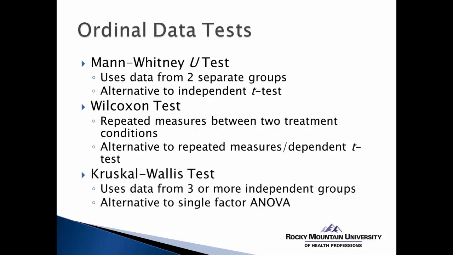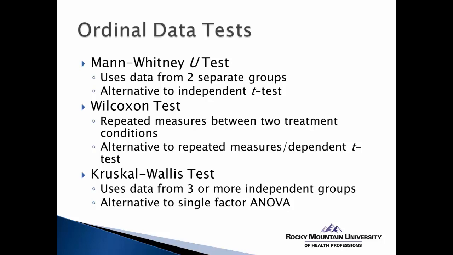And then the last one we'll demonstrate is known as the Kruskal-Wallis test. This compares data from three or more independent groups. So if we've got three different treatment groups and we want to compare them on an ordinal scale outcome or on a skewed numeric outcome, and this violates the assumptions of the one-way or single factor ANOVA, then the Kruskal-Wallis is an alternative for that.